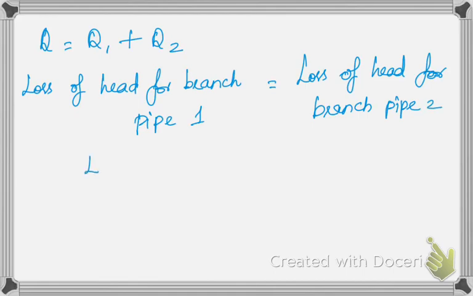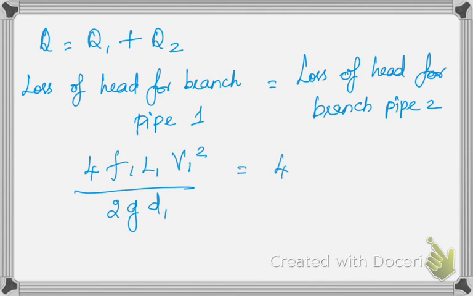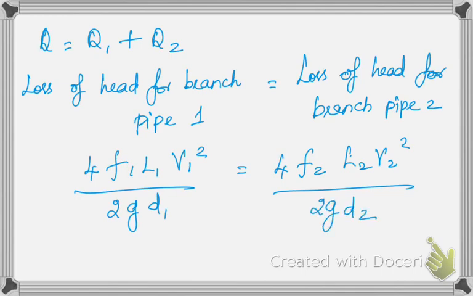It means we are accounting for our friction losses, that is 4F1 L1 V1 squared by 2G D1 will be equal to 4F2 L2 V2 squared by 2G D2.